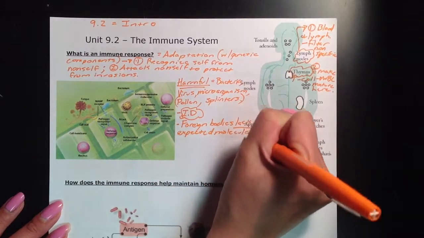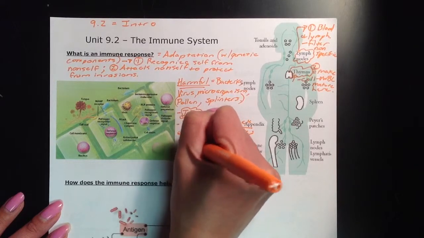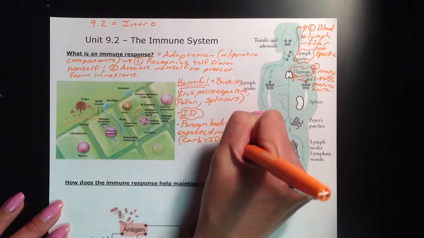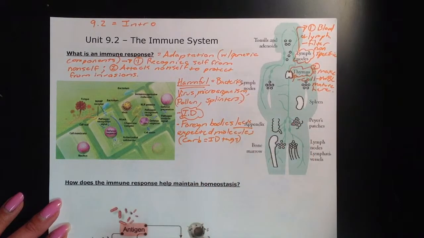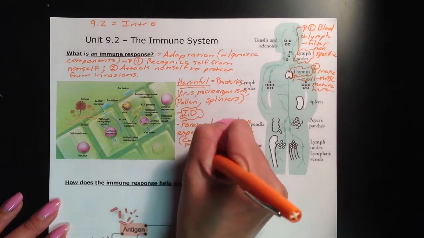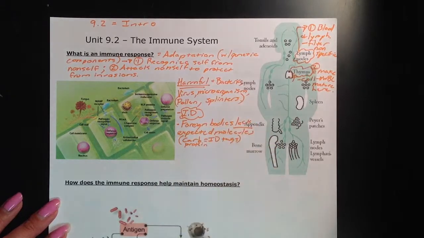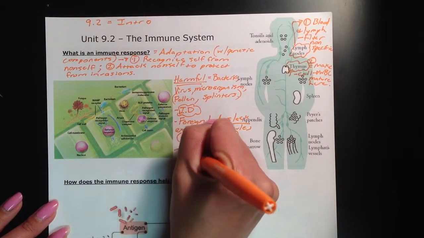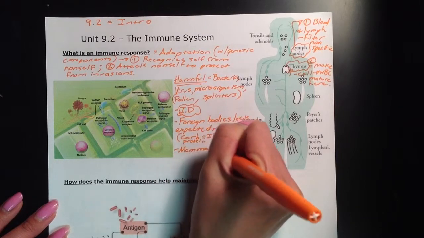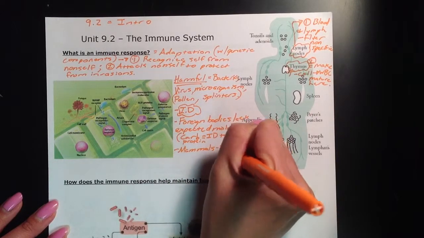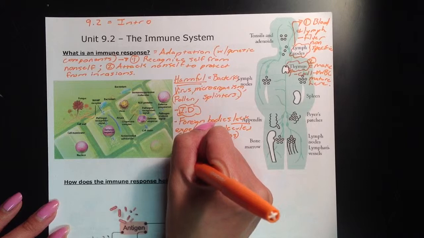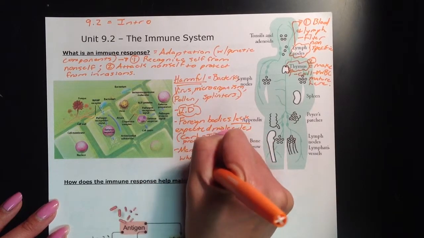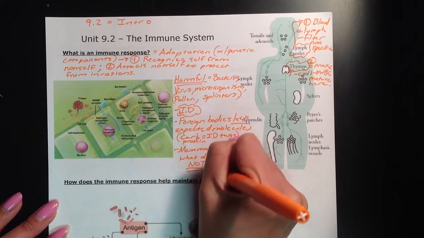For example, those molecules are usually carbohydrates that are used as ID tags. And they can also be made of protein as well, depending on what type of cell it's located on. Mammals will use these IDs to determine what does not belong.